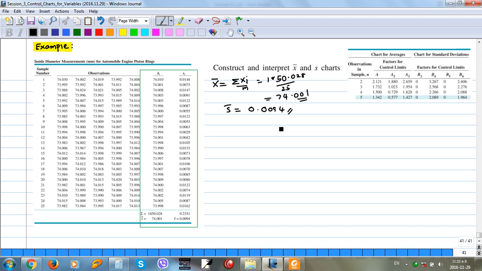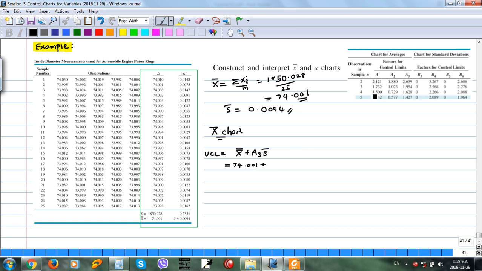Then we can write the X bar chart. Upper control limit equals X double bar plus A3 times S bar, which is 74.001 plus A3.